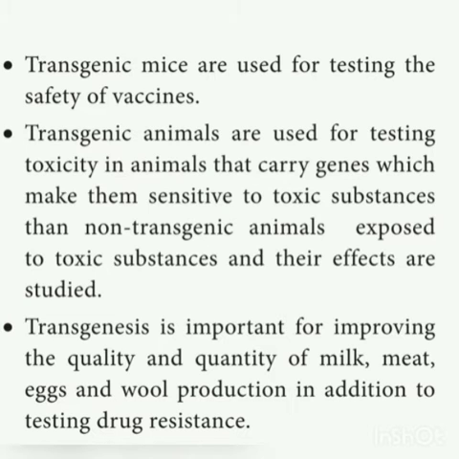Transgenic animals are used for testing toxicity, as they carry genes which make them sensitive to toxic substances. Transgenesis is important for improving the quality and quantity of milk, meat, eggs, and wool production, in addition to testing drug resistance. So, the uses of transgenesis is a very important question.